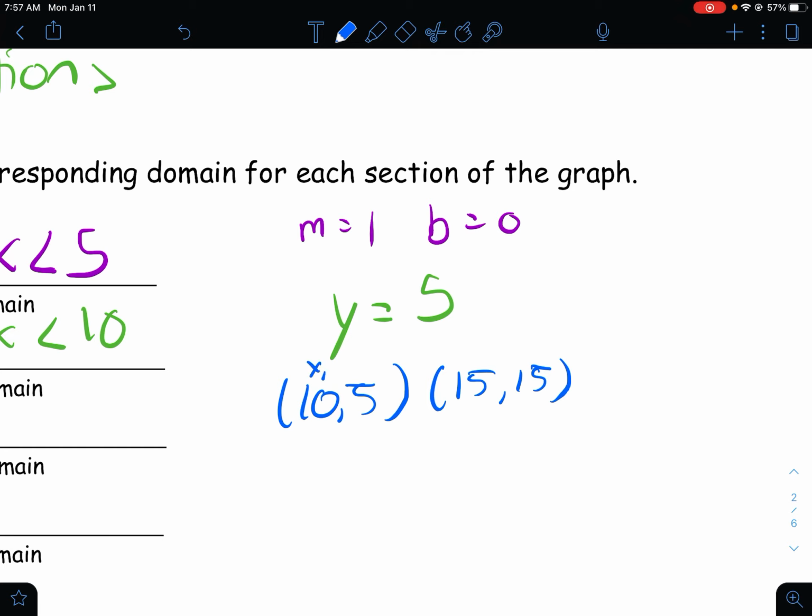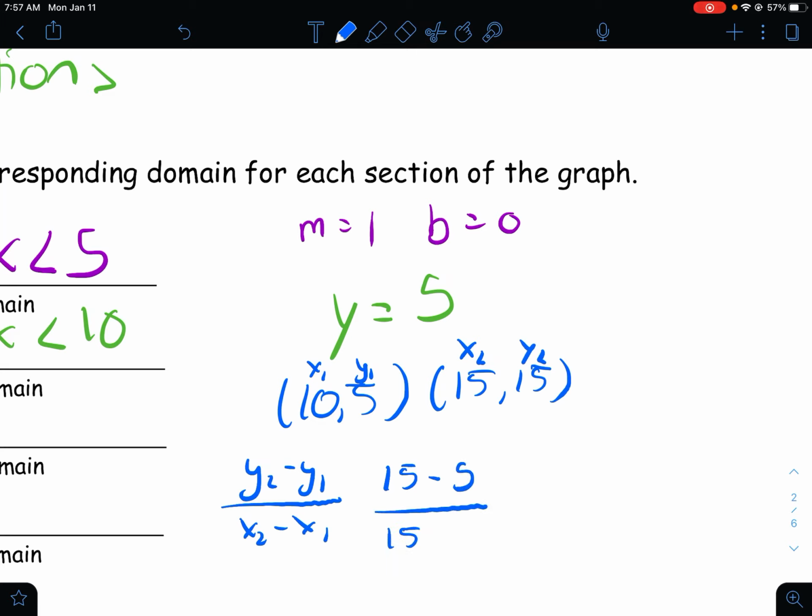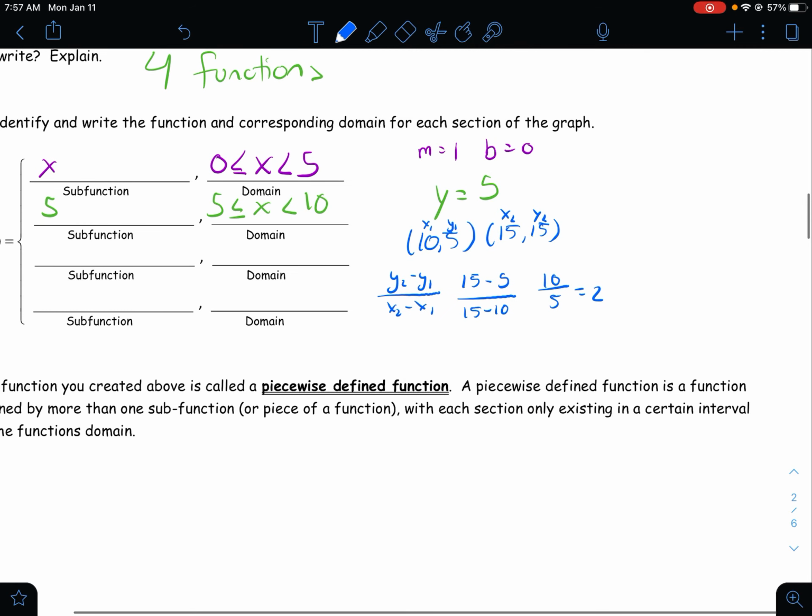We'll say x1, y1, x2, y2, and we're going to plug that into our slope formula. So we'll say 15 minus 5 all over 15 minus 10. We end up with 10 over 5, which gives us 2. All right, so we've got a slope of 2.